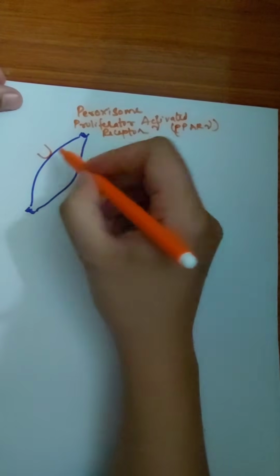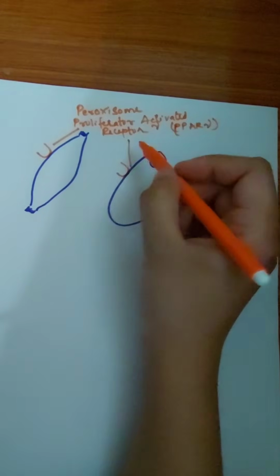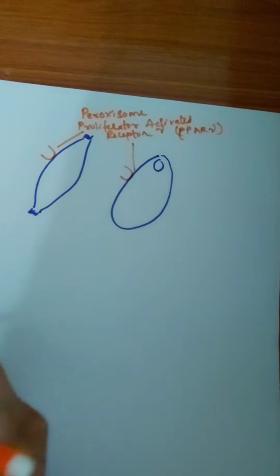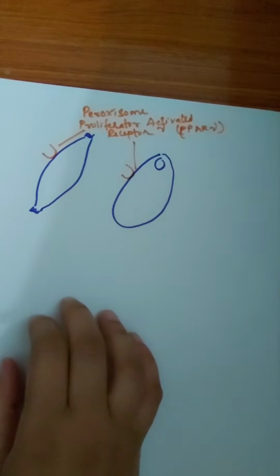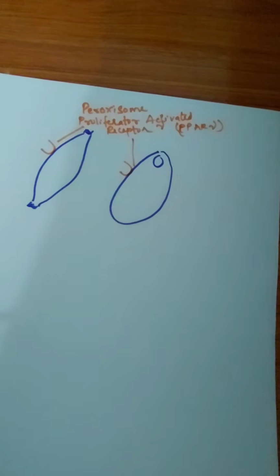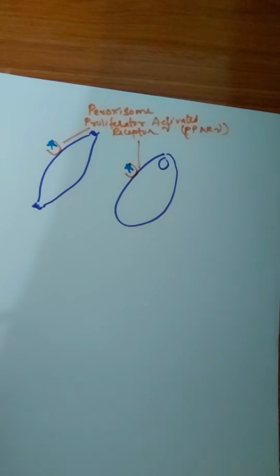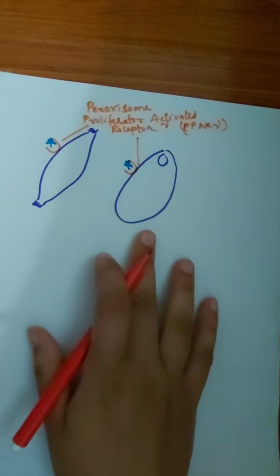Okay, this is the name of the receptor, and it is present on the skeletal muscle as well as on the adipose tissues. Now what happens when our drug pioglitazone interacts with this PPAR gamma receptor, which is present on skeletal muscle as well as on the adipose tissue?